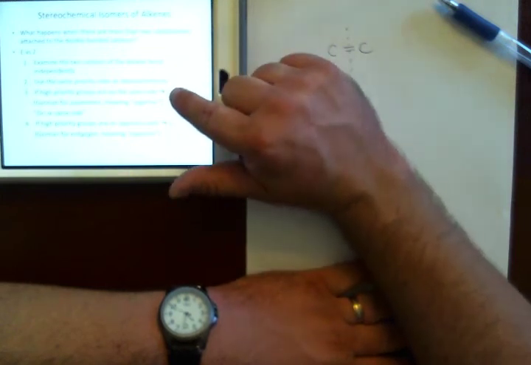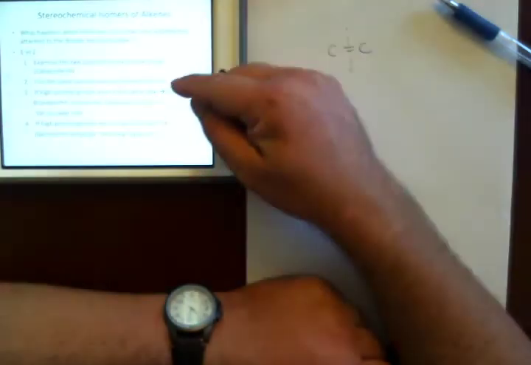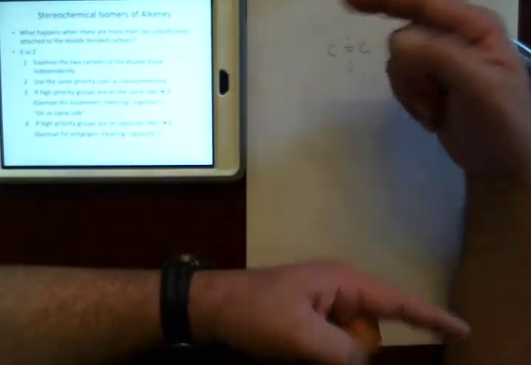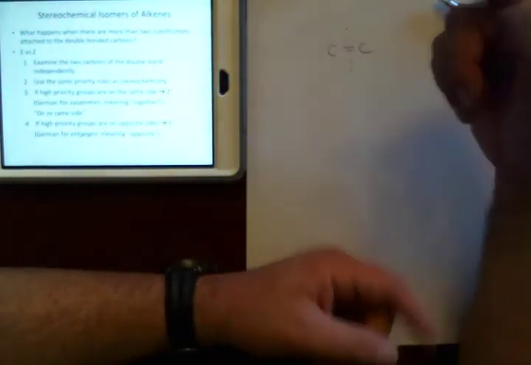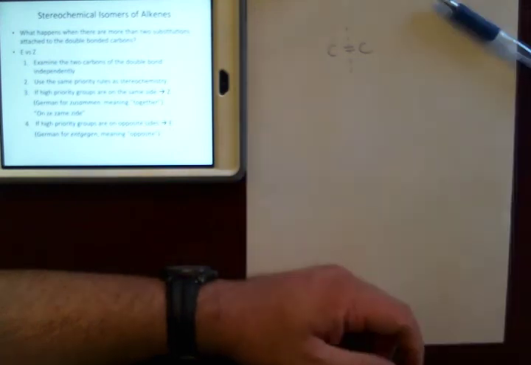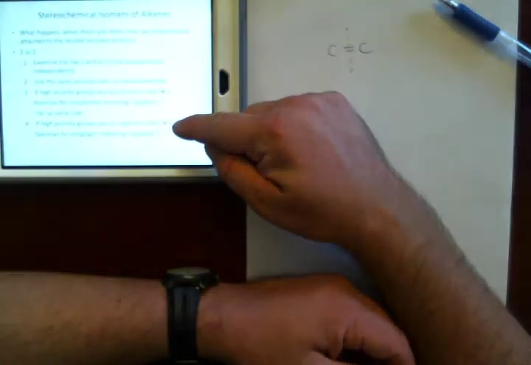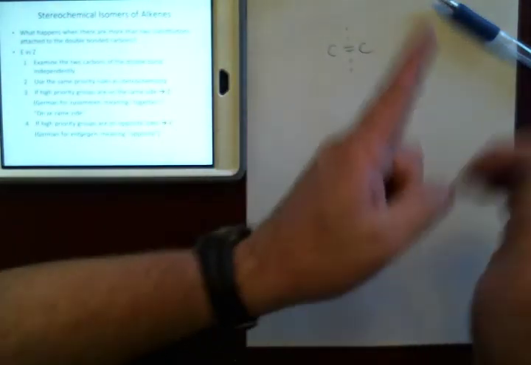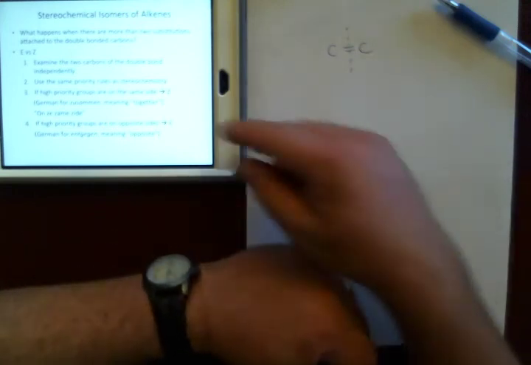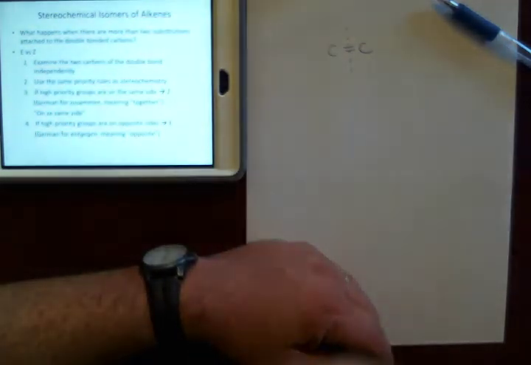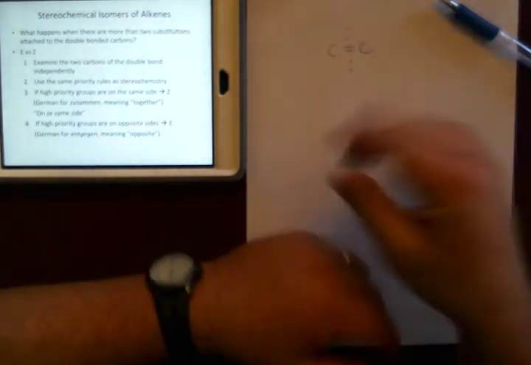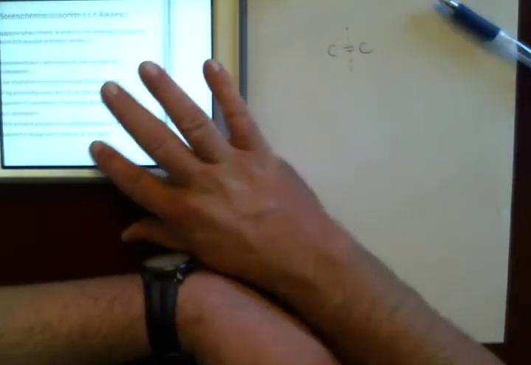For the Z, the top and the bottom are pointed opposite, so you would think that would be like a trans, right? They're on different sides, but it's together. Here, E, the top and the bottom are sort of pointed in the same direction, but in fact it's saying more trans. It's opposite of what the letters are doing. Go figure.